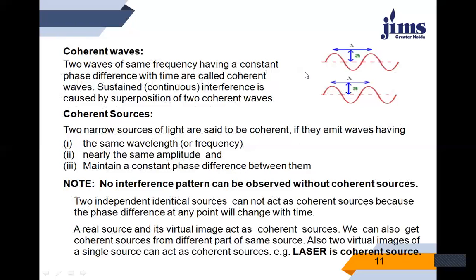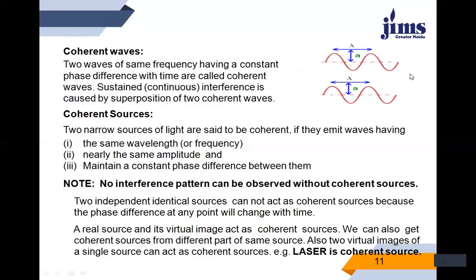You can see this figure. In this figure, this is the first wave, this is the second wave. Both waves have the same frequency and they are also in the same phase, or the phase difference between these two waves is 0. Then you will get the sustained interference.